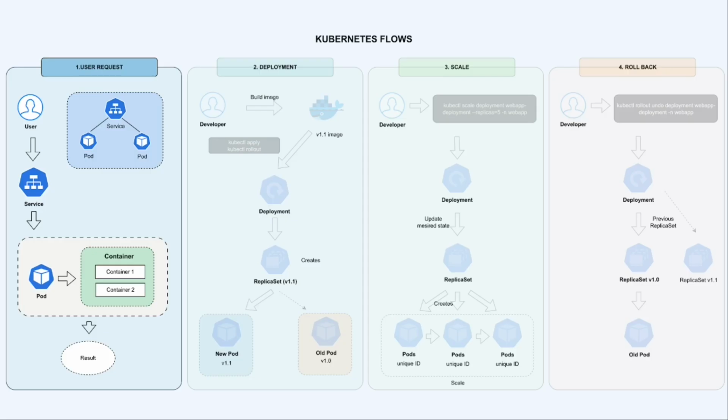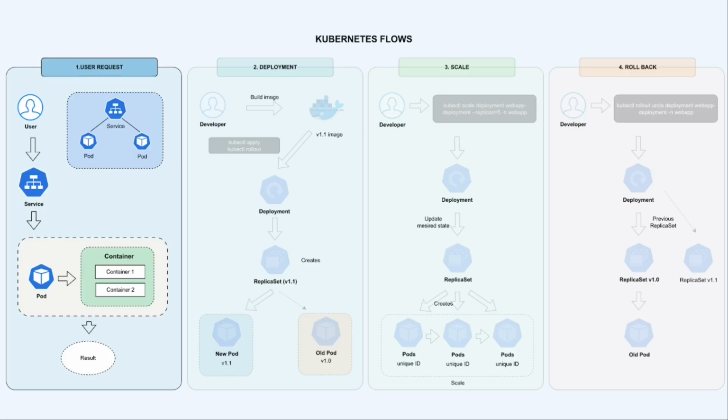This is important because Pods are dynamic. They can be created, deleted, or replaced at any time. Their IP addresses may change. The Service automatically routes the request to one of the available Pods using load balancing.